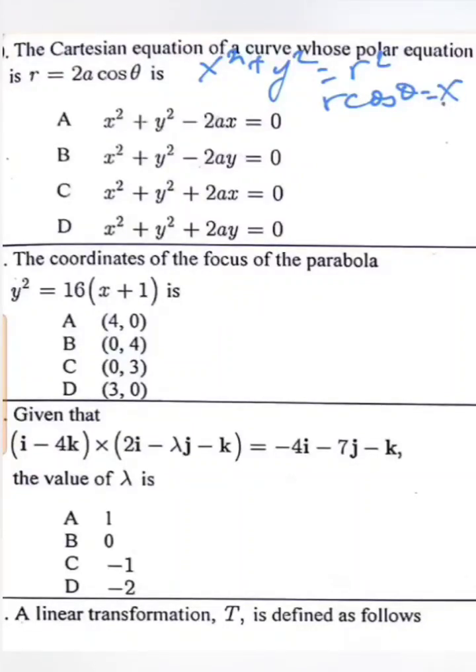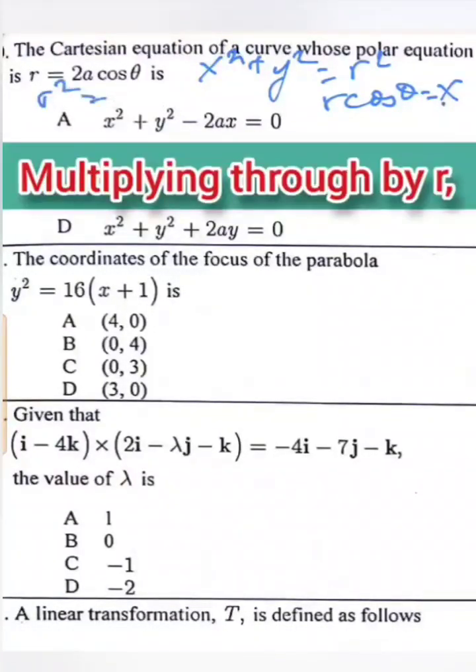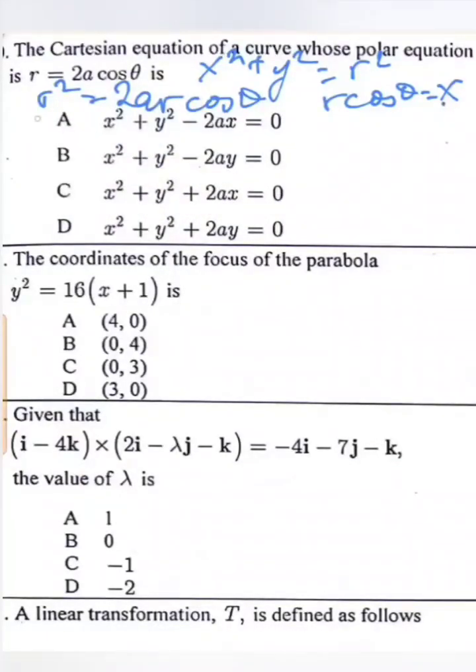So since we have r squared representing x squared plus y squared, which is appearing in all the alternatives, r squared equals 2ar cos theta. At this point now we can easily get the Cartesian equation. r squared is x squared plus y squared. That should be equal to 2a, and then r cos theta is x. When you look at all the options, you'll see that it is A that gives the correct answer.